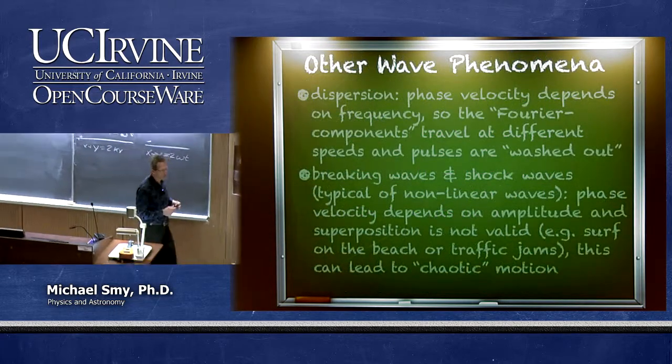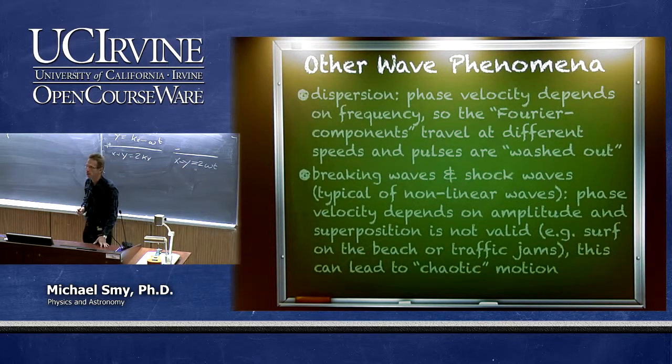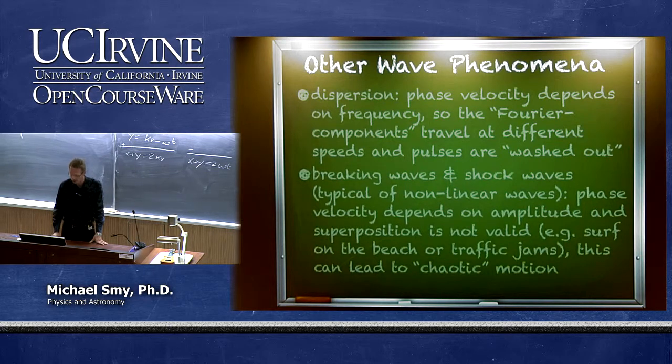So other wave phenomena which were not covered in this class are wave dispersion. In this case, the phase velocity is not a constant, but it depends on the frequency of the wave.